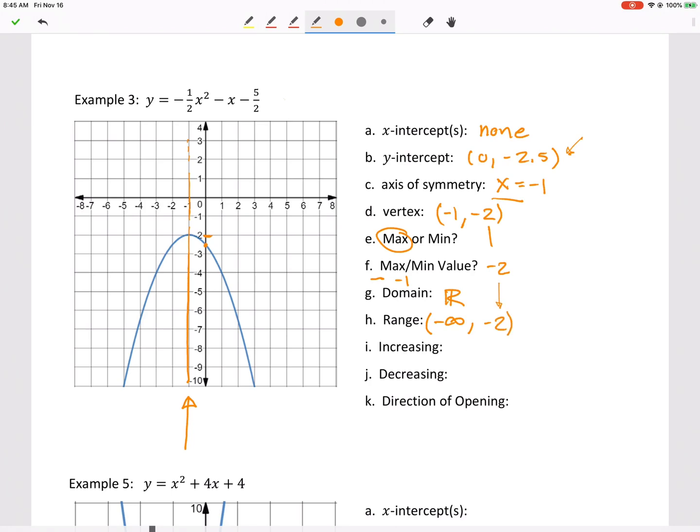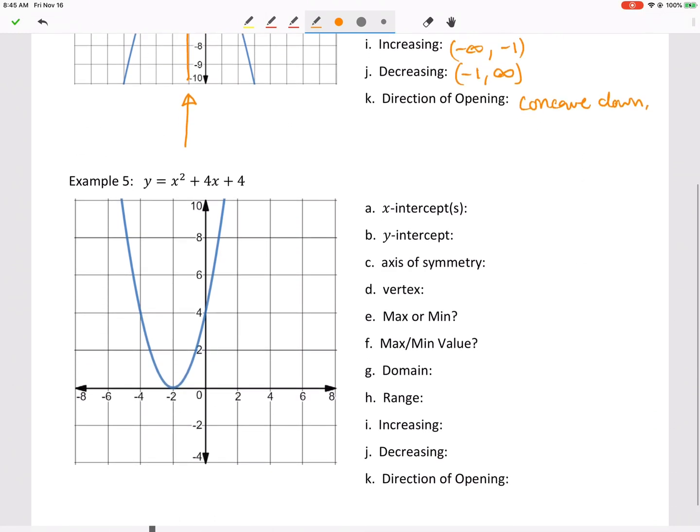Okay. Increasing, it increases from -infinity to our x value from our vertex, or our axis of symmetry, which is -1. And then it decreases from the axis of symmetry to infinity. And the direction is concave down. Okay? All right.